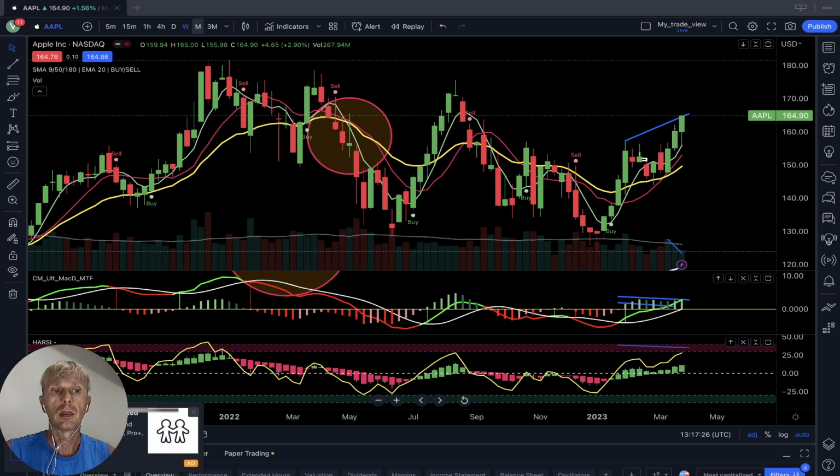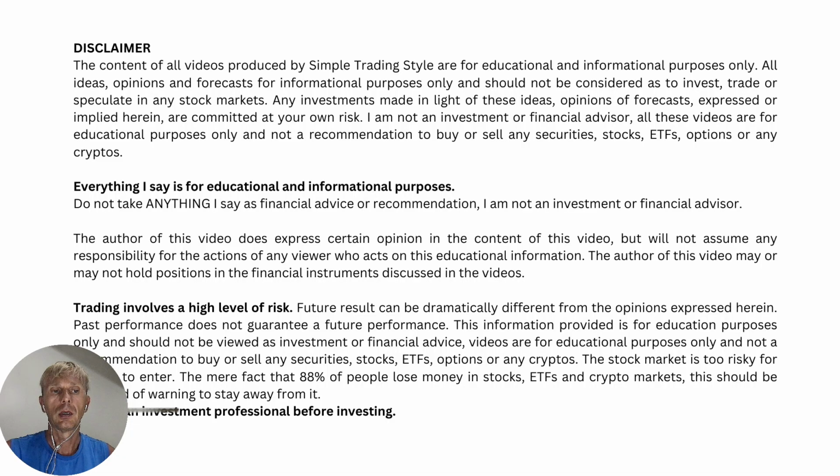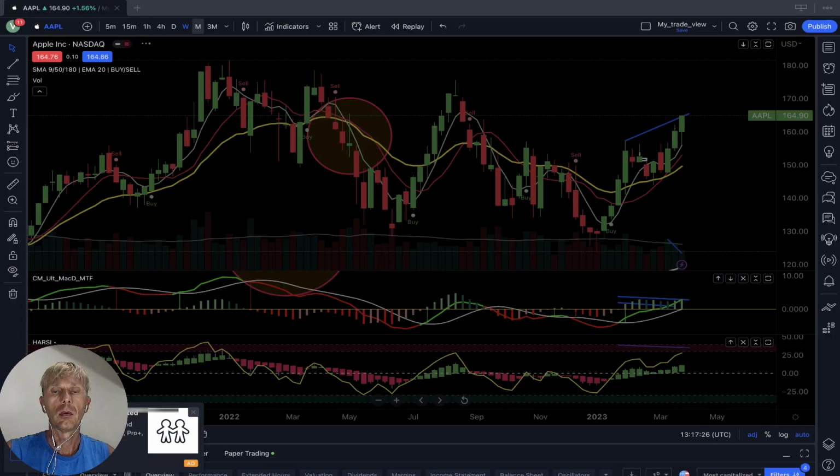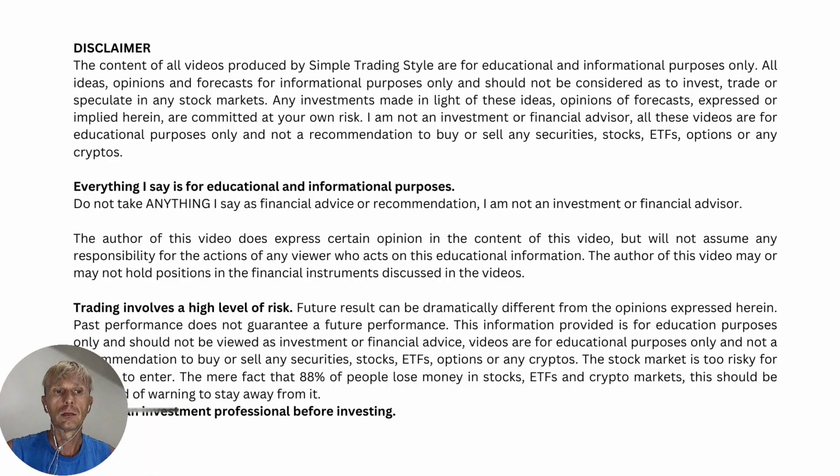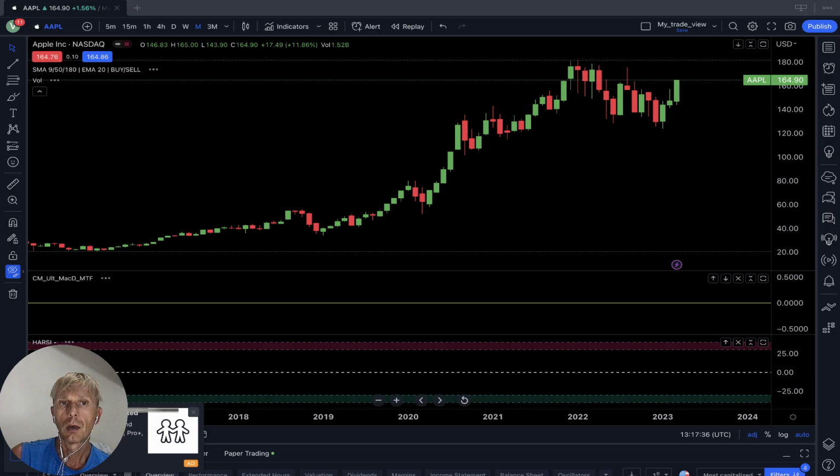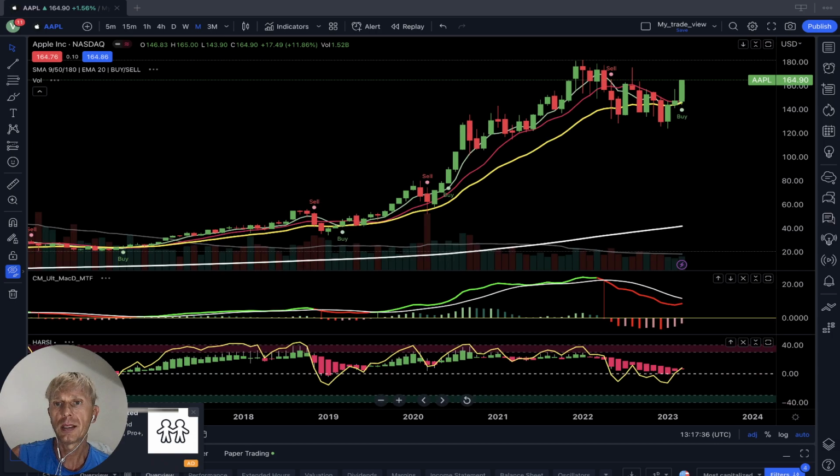Let me turn on my drawings. Okay, monthly Apple buy signal, still below 10. MACD still bearish, Fibonacci still bearish, RSI at Fibonacci level.